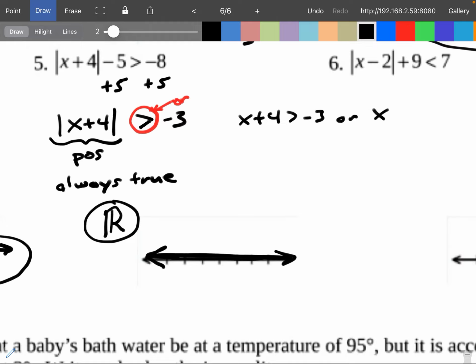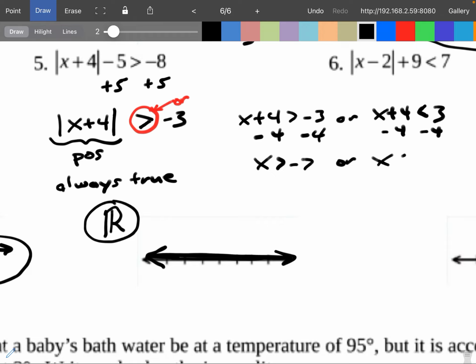Would this be an or or an and? That one's an or. When it's an or, we're looking for anywhere that's shaded. Then the other case would be x plus 4, flip it, and take the negative of the number on the right-hand side, which would be a positive 3.